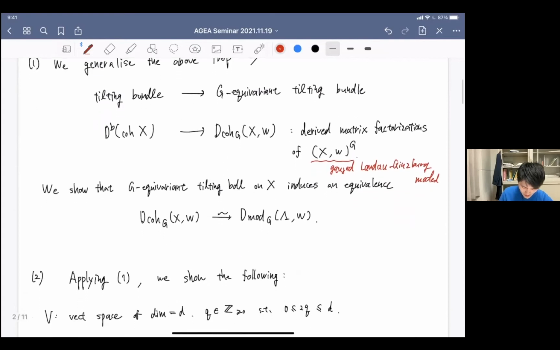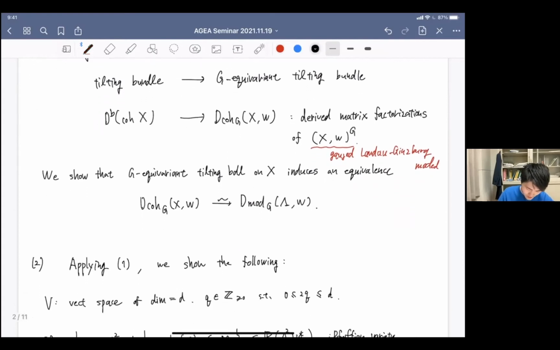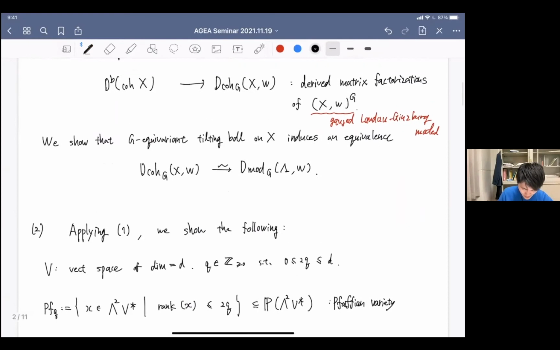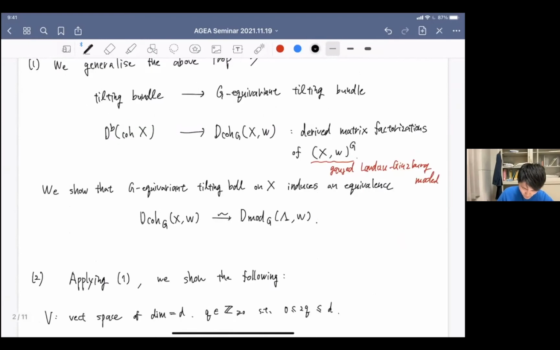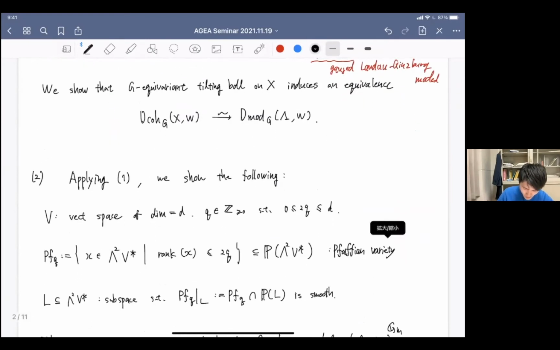And the second result is the application of this first result. So applying the first result, we show the following.